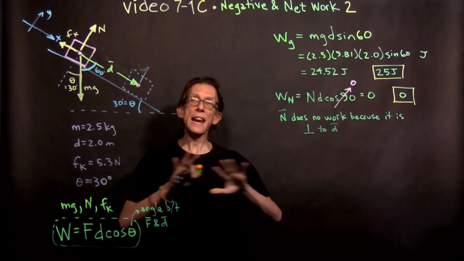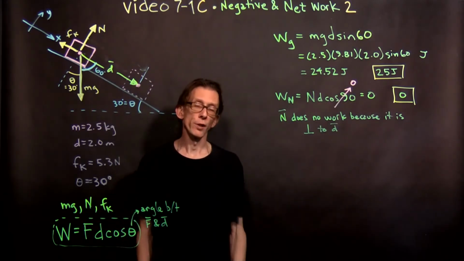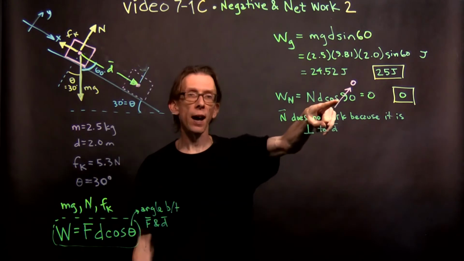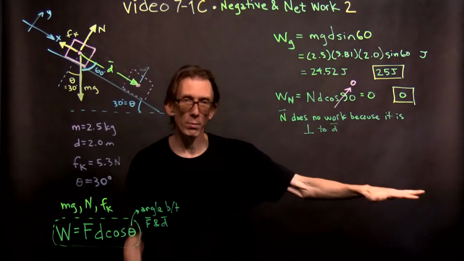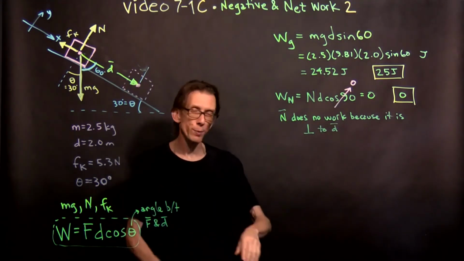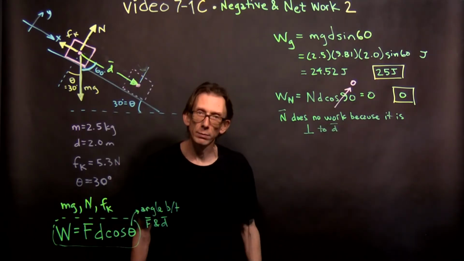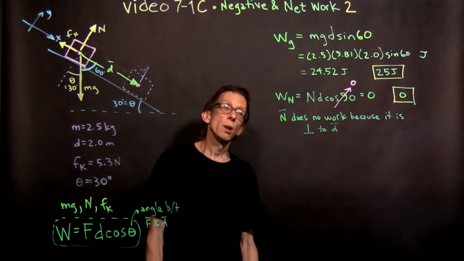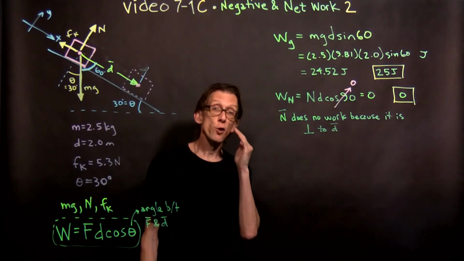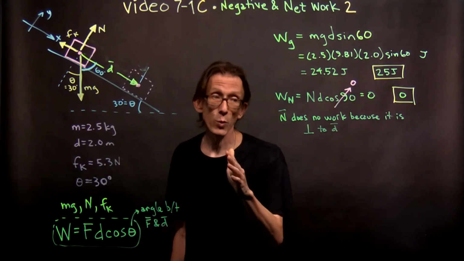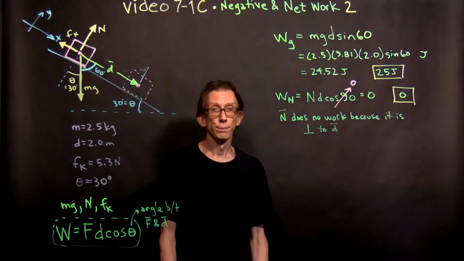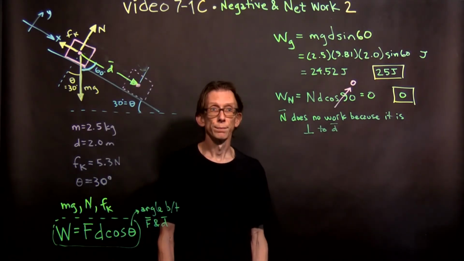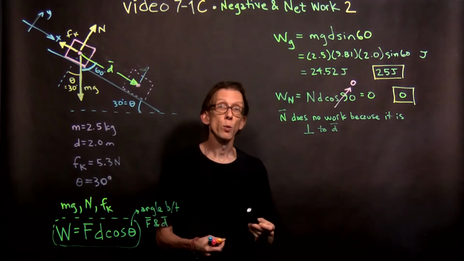That is true for any force that is perpendicular to the displacement in any situation. Because whenever you have cosine of 90, you're going to have 0. And when you multiply anything by 0, you still get 0. So the normal force does no work here. It's perpendicular to D. And that is true for any force in any situation that is perpendicular to D, the displacement vector. Okay? Normal force does no work.